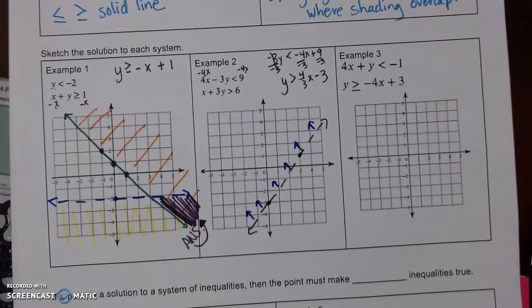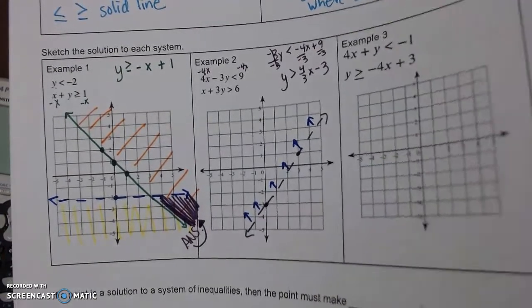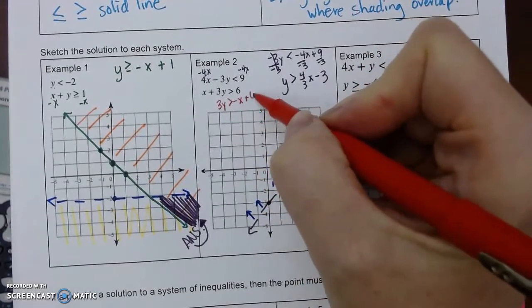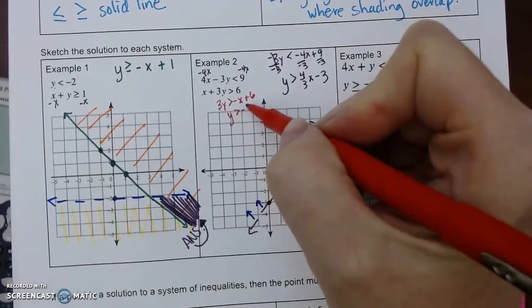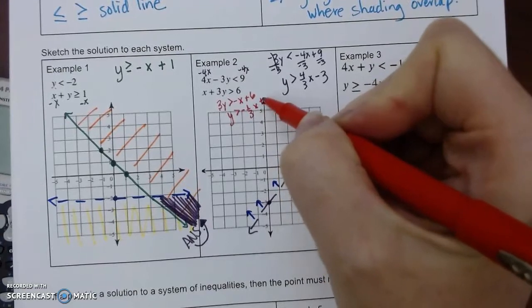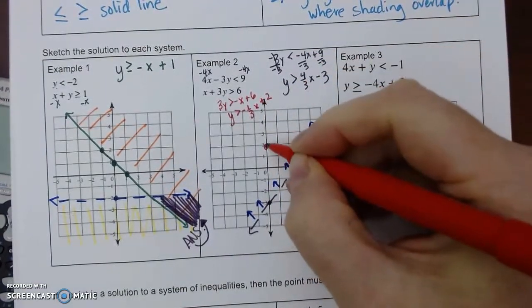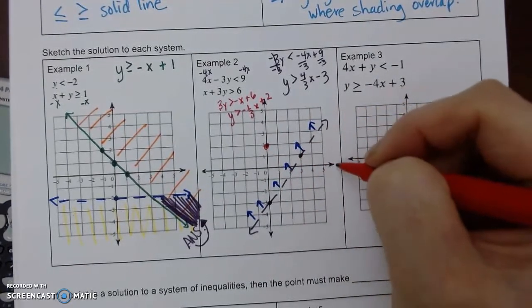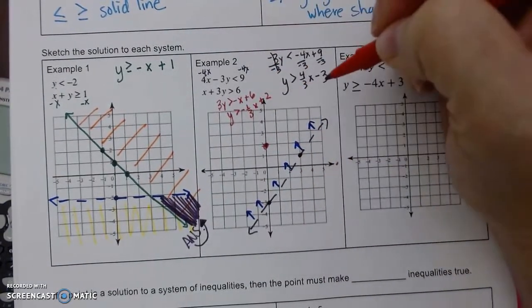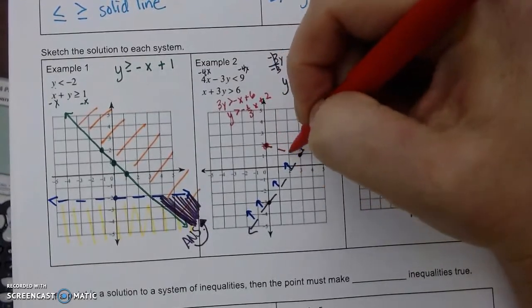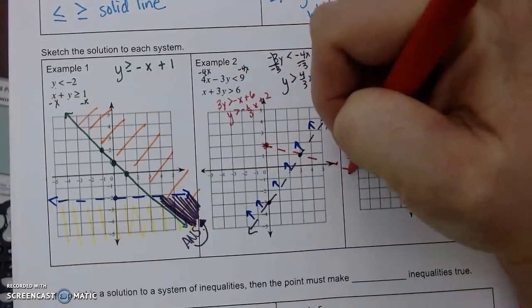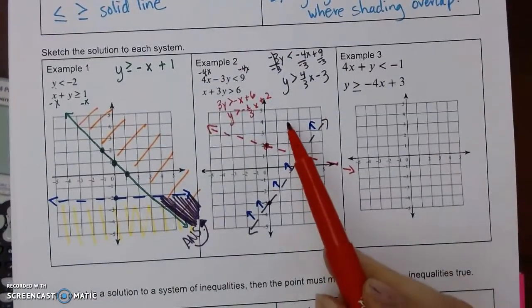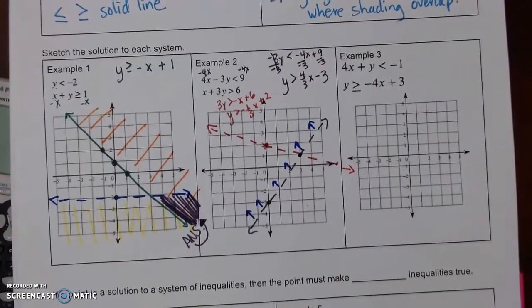Then we're going to do our second equation. We will subtract x and divide by 3. So up 2, and then our slope is -1/3. This is a dotted line. Both lines put your graph into 4 new regions.